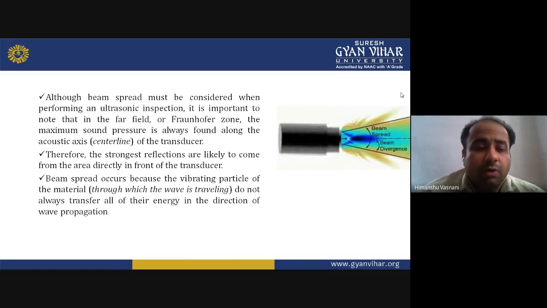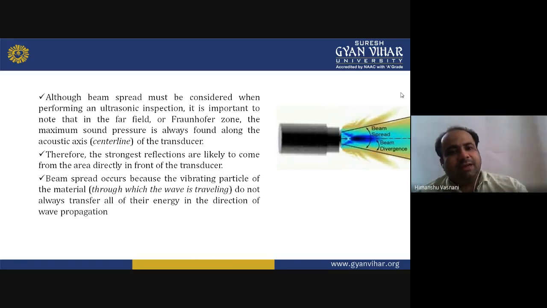It is important to note that in the far field or Fraunhofer zone, the maximum sound pressure is always found along the acoustic axis, that is the center line of the transducer. Therefore the strongest reflections are likely to come from the area directly in front of the transducer, because the center line has the maximum sound pressure.